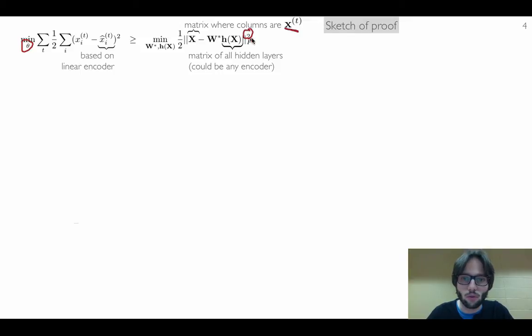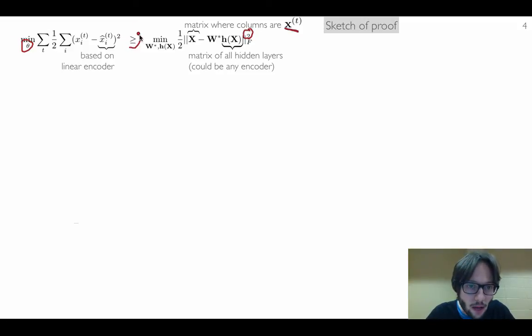And then if we take the square of the Frobenius norm, we get a nested sum over the squared differences between each element in the input training examples and their reconstruction.